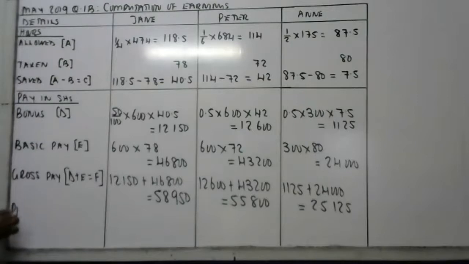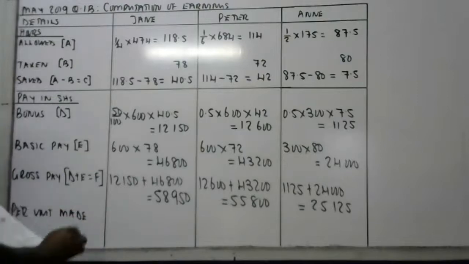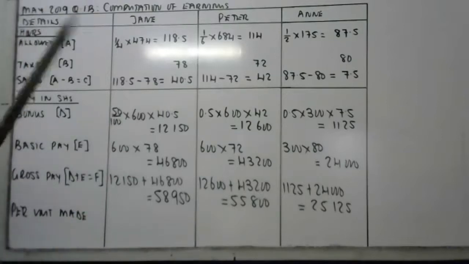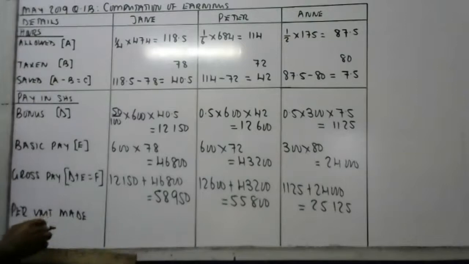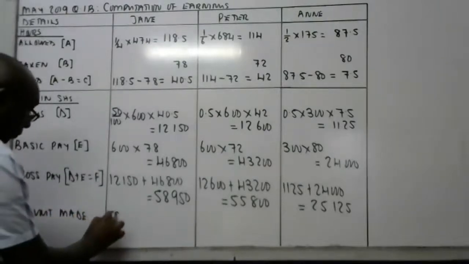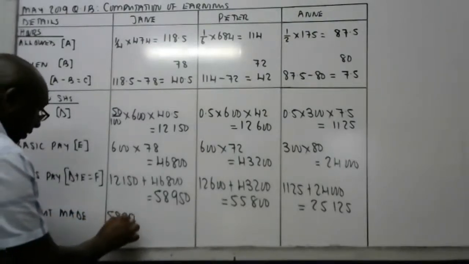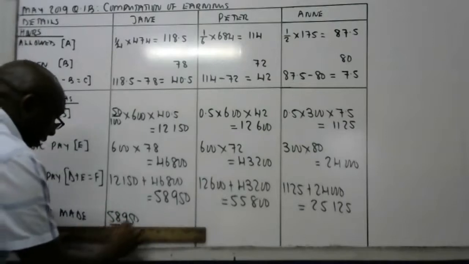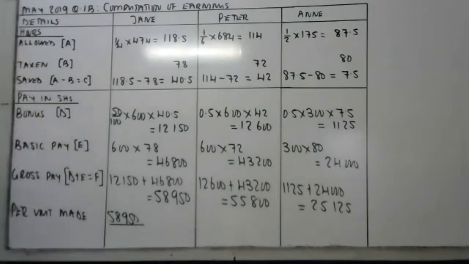Then per unit made. So per unit made, you take 58,950 and divide by 474.